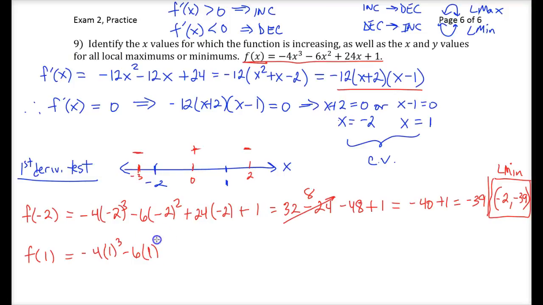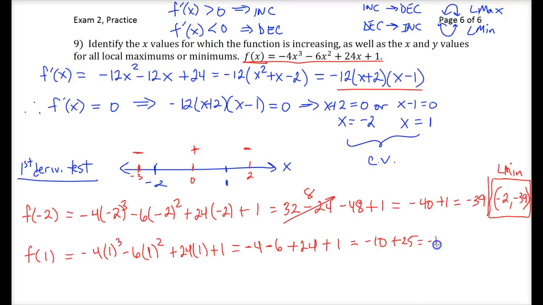So just plugging in 1. We'll see from here, 1 cubed is 1, times -4 is -4. And then 1 squared is 1, times -6 is -6. Plus 24 plus 1. Of course, -4 minus 6 is -10, and 24 plus 1 is 25.